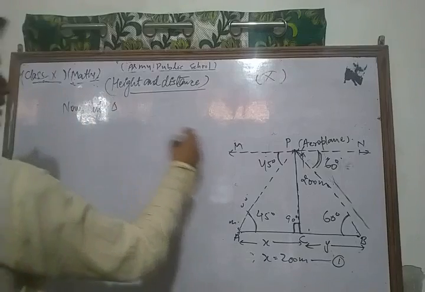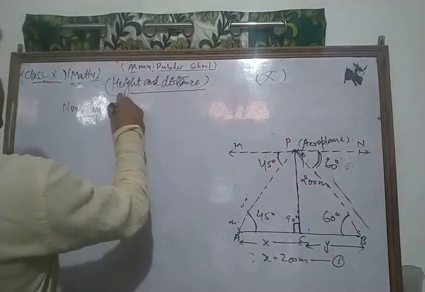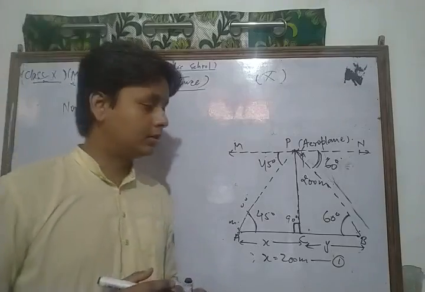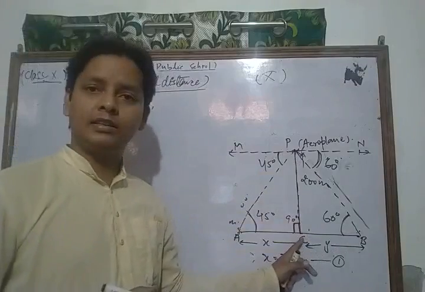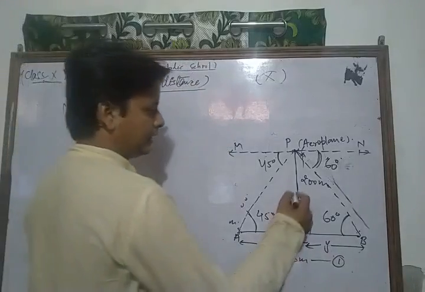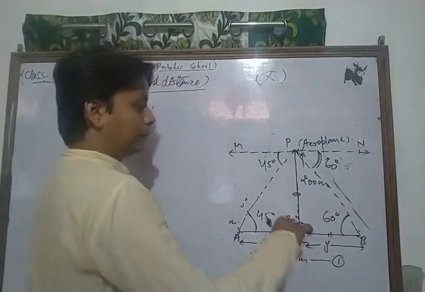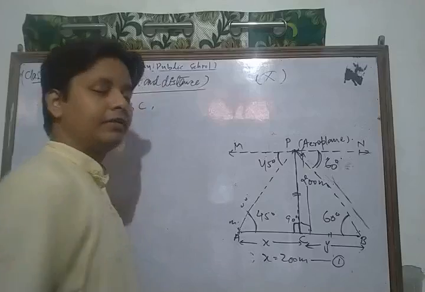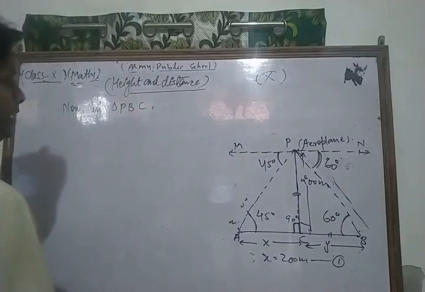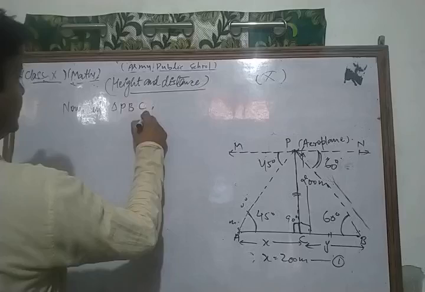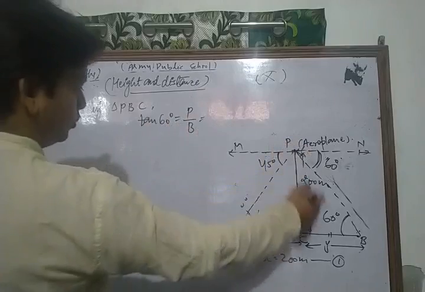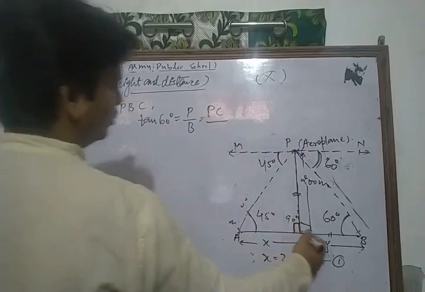For triangle PBC, this is also a right angle triangle, right angled at C, and this is your perpendicular and this is your base. So perpendicular and base come in the trigonometric ratio of tan. Now we apply tan of angle B, means tan 60 degrees, perpendicular upon base. Perpendicular is your PC, base is your BC.